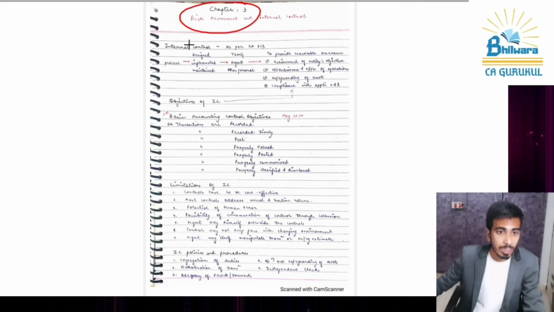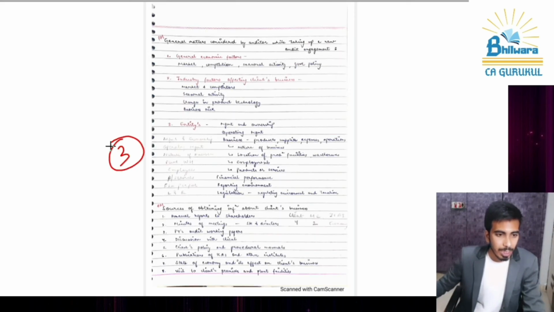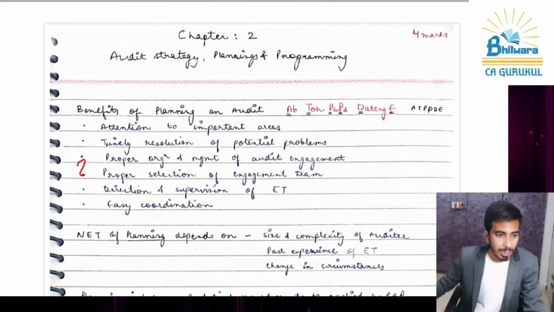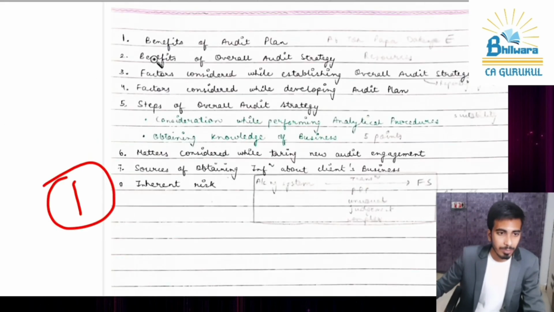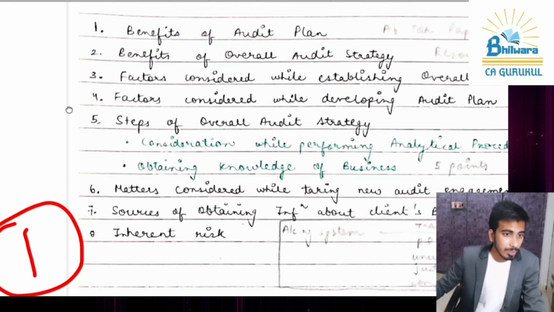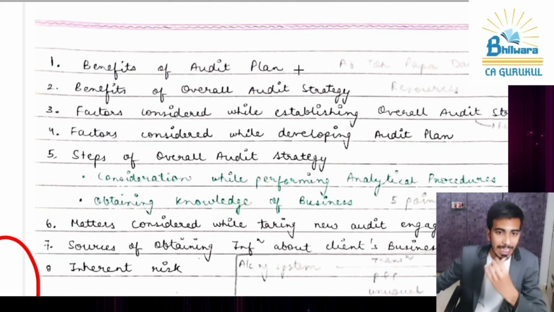So before this, chapter number 2 has page number 4, page number 3, page number 2, and this is page number 1. What we have done in page number 1 is we have written all the topics, only the topics, not anything in detail.